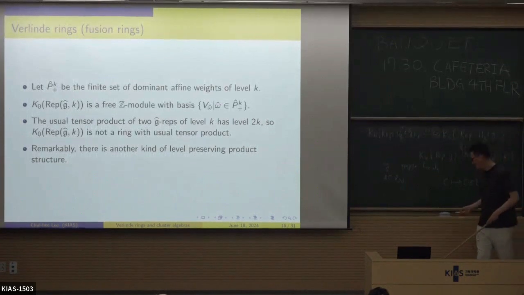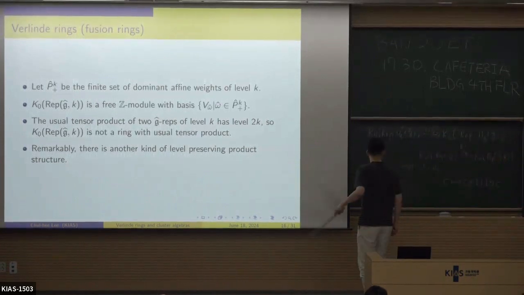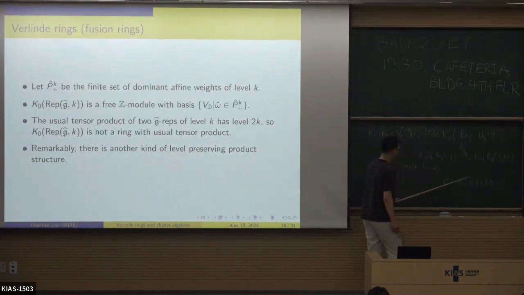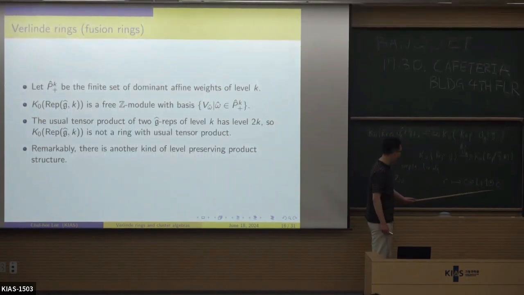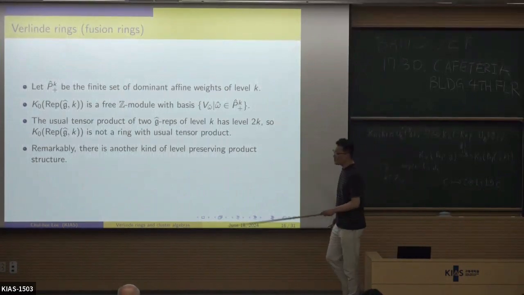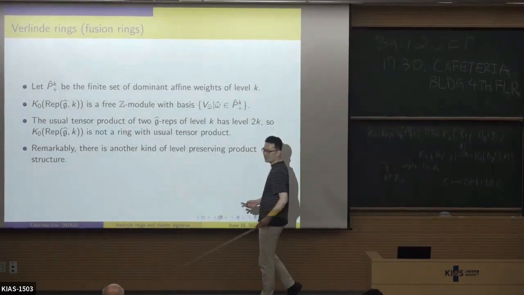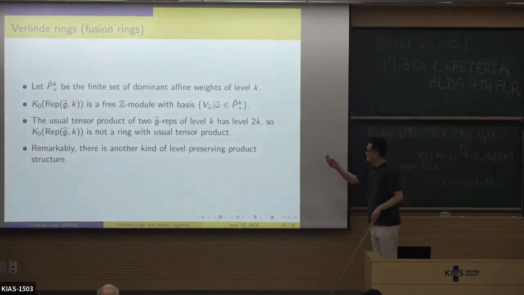So when we have representations V1 and V2, c acts as c on V1 and identity on V2. This contributes level k. On the other piece, it acts as identity and as level k. So the level becomes 2k. That's why the tensor product of two representations has level twice.